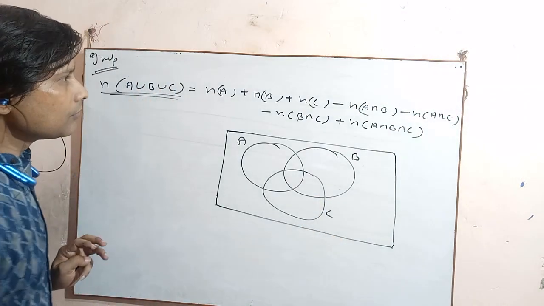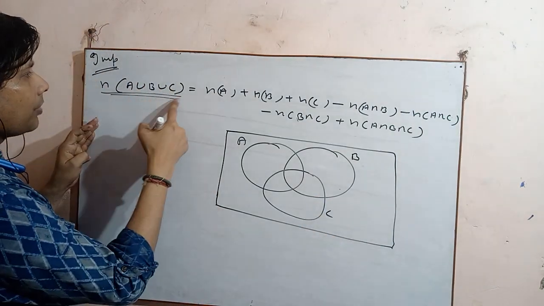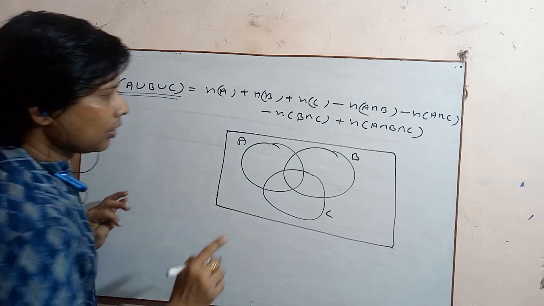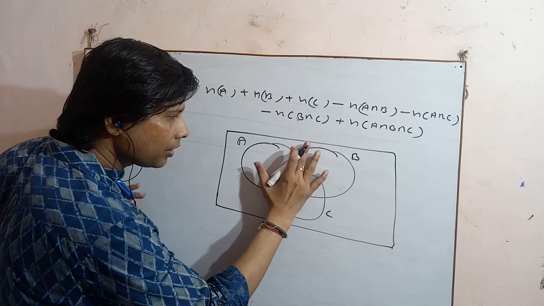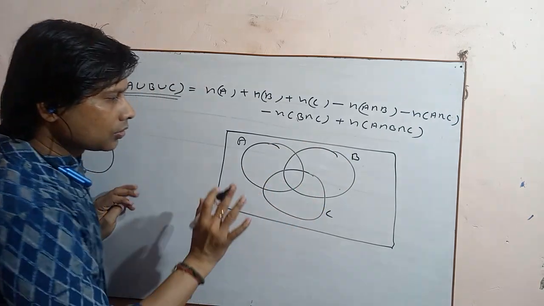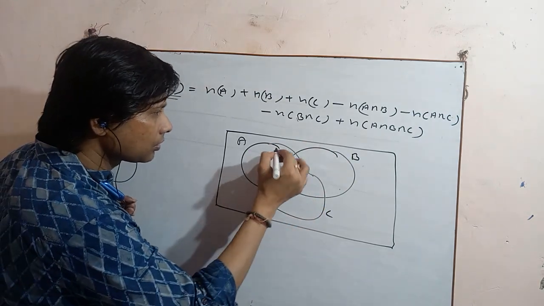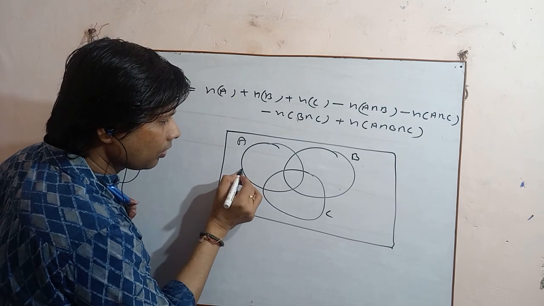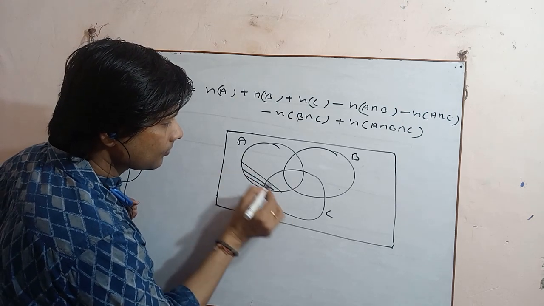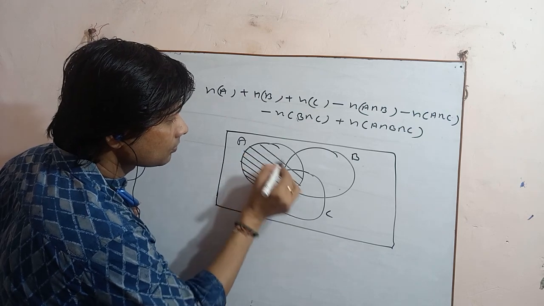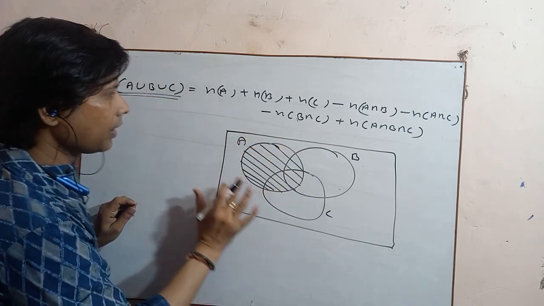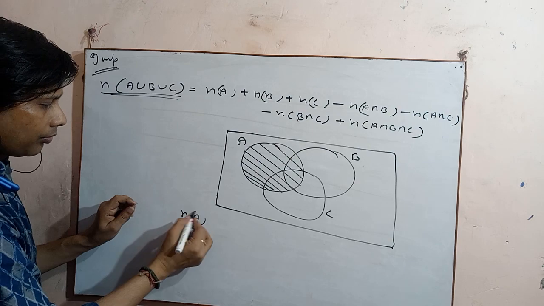Correct? Now I want A union B union C, and as you know, A union B union C means all A along with all B along with all C. So when you are taking all A, all A is like this way. All A I have taken, no problem.